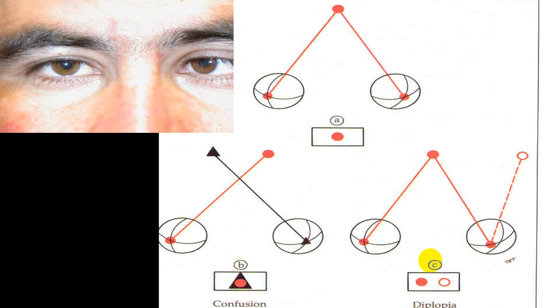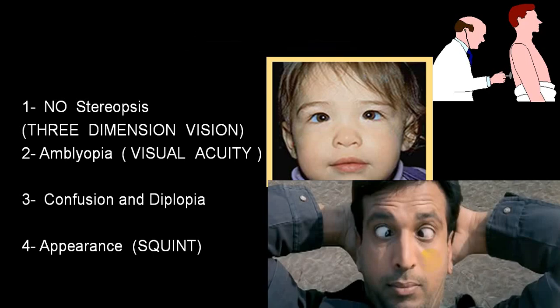And because of misalignment, you will have diplopia. So the person will have no stereopsis, meaning three-dimensional vision will be affected. Visual acuity, particularly of the misaligned eye, will slowly be lost, which we call amblyopia. And because of diplopia, the person will have confusion and the appearance will be peculiar because of the deviated eye.